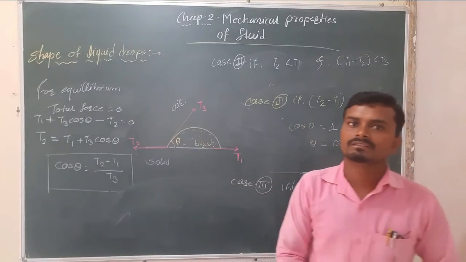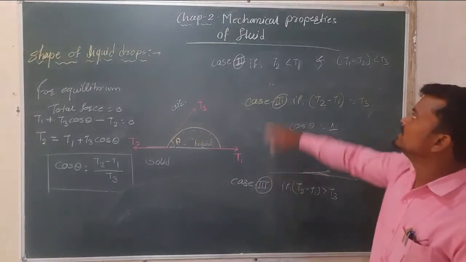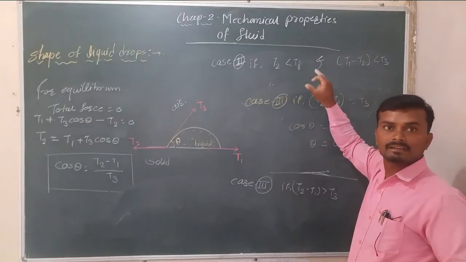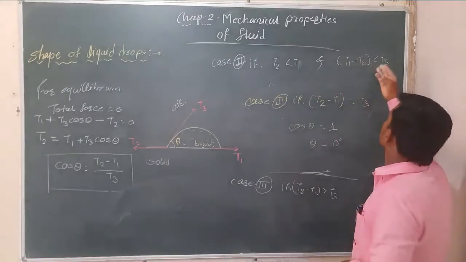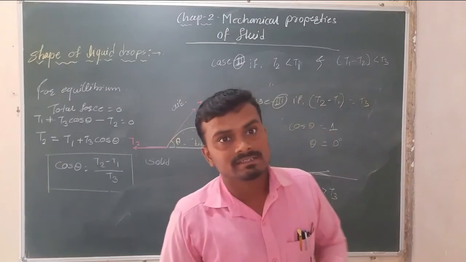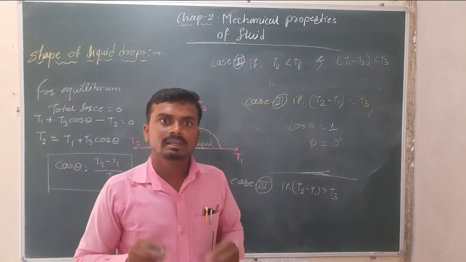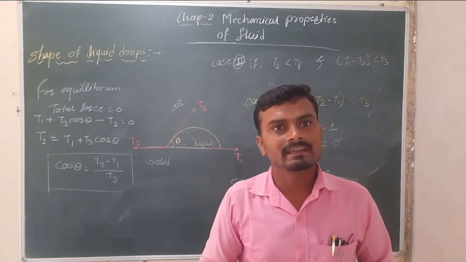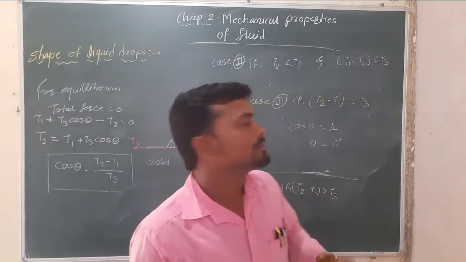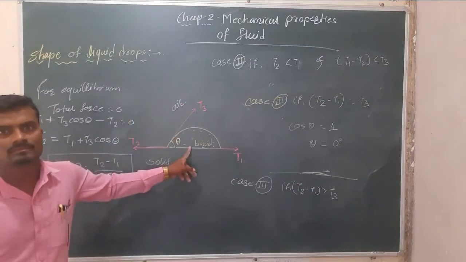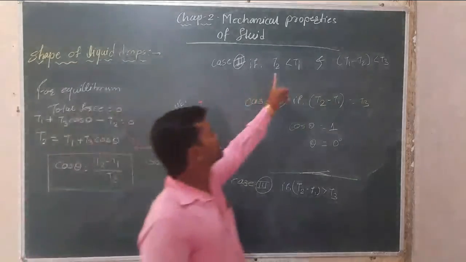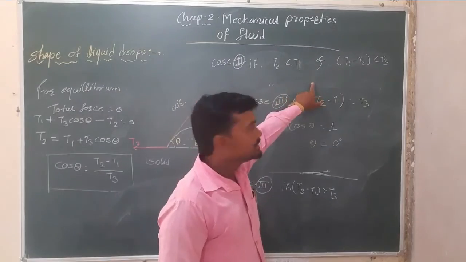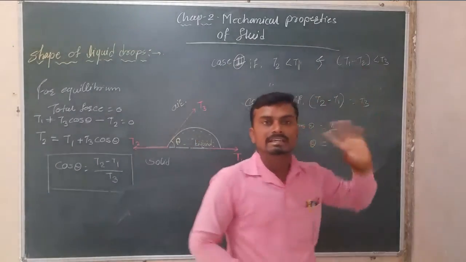From this equation, we get the cases. The first case is T2 greater than T1, and T1 minus T2 less than T3. In that case, theta is less than 90 degrees, an acute angle, and the liquid drop gets this type of shape. The second case is T2 less than T1 and T1 minus T2 less than T3.